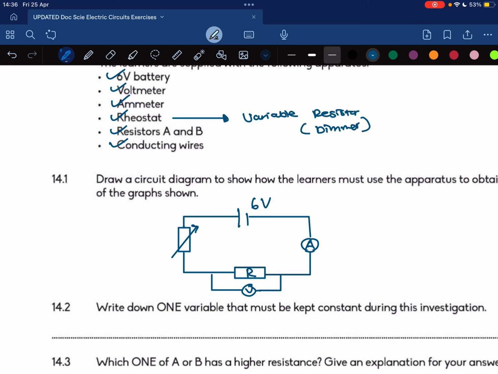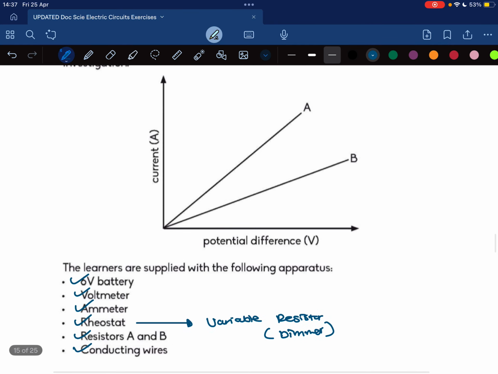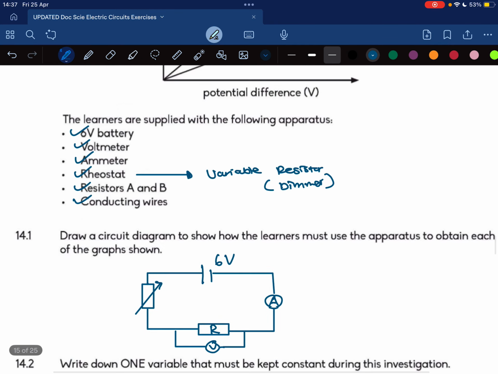Then it says which one of A or B has the higher resistance, and to explain your answer. Okay, so the higher resistance, if you think about this now, you might say, okay, well, resistance is the gradient, so clearly this one must be higher because it is the higher gradient.